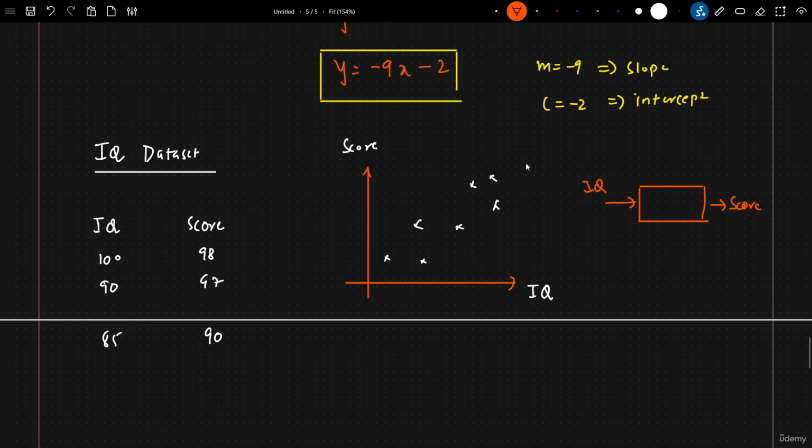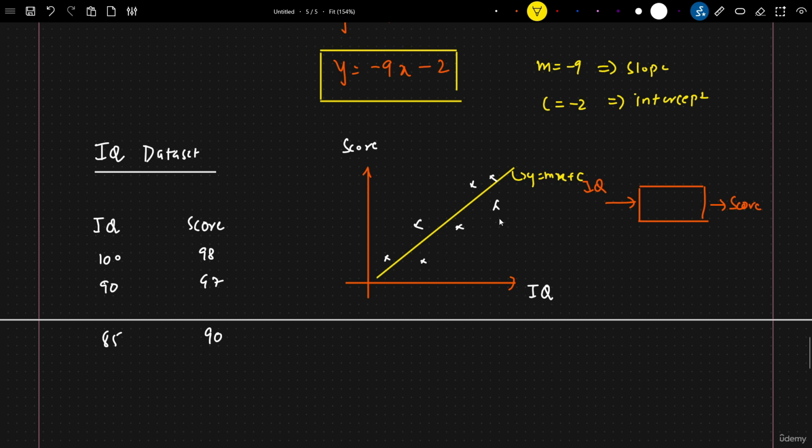And this obviously follows some kind of curve, right? But just to solve this problem with a simple linear regression, we'll try to create a best fit line, which is obviously represented by y is equal to mx plus c.